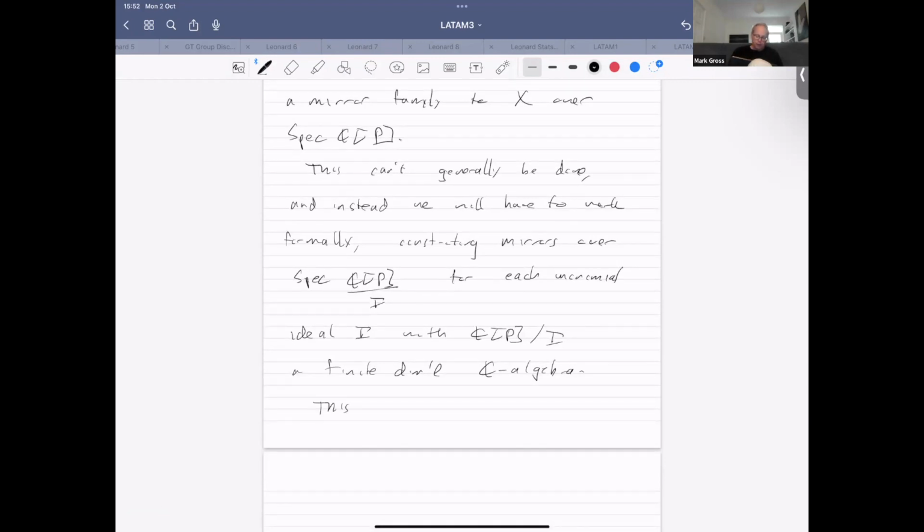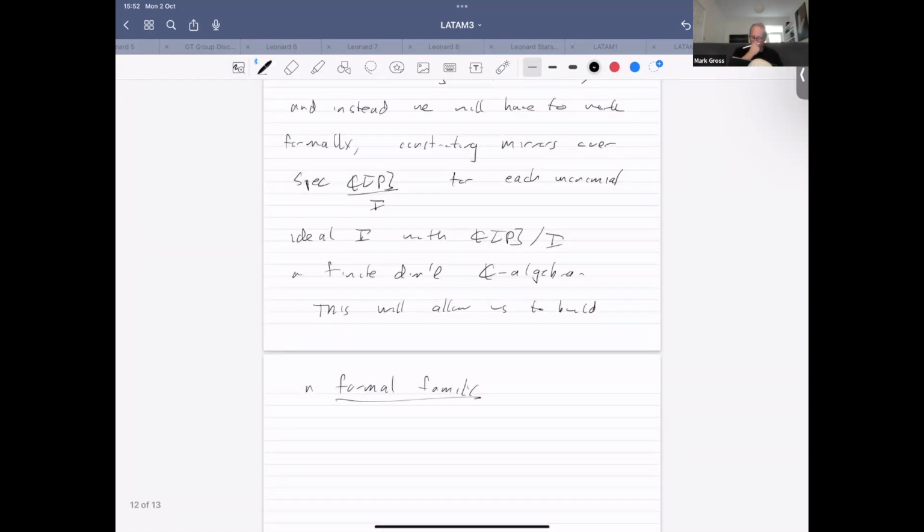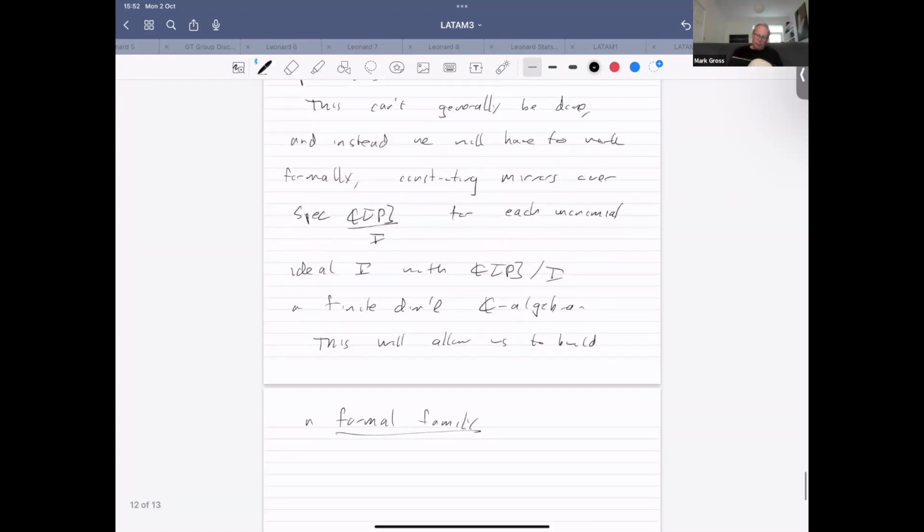This will allow us to build a formal family. I know you aren't algebraic geometers, so I don't want to belabor this point. But the important point is that this family will be formal. Generally, that's how we deal with convergence problems in algebraic geometry. We work with formal power series and don't worry about convergence.